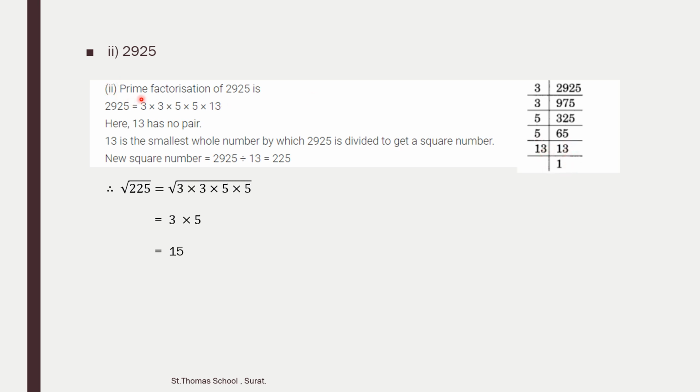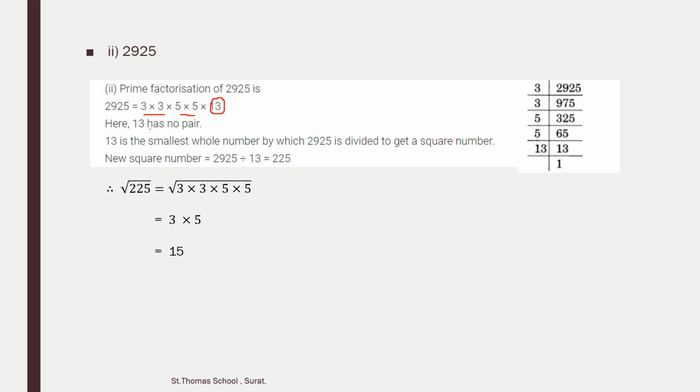So the prime factorization of 2925 is 3 multiplied by 3, 5 multiplied by 5, multiplied by 13. Now you have to pair it. So 3 multiplied by 3, 5 multiplied by 5, but you can see here 13 is only 1 time. So here 13 has no pair.